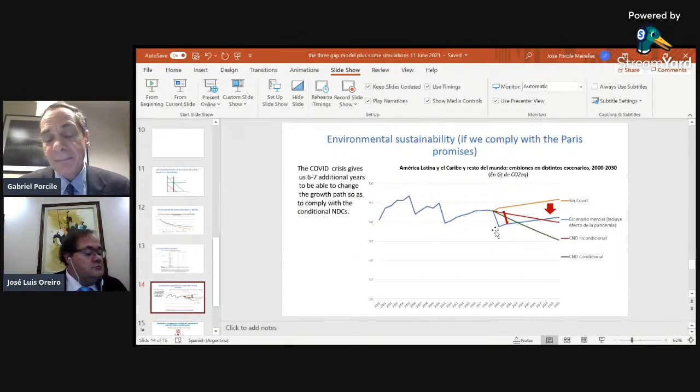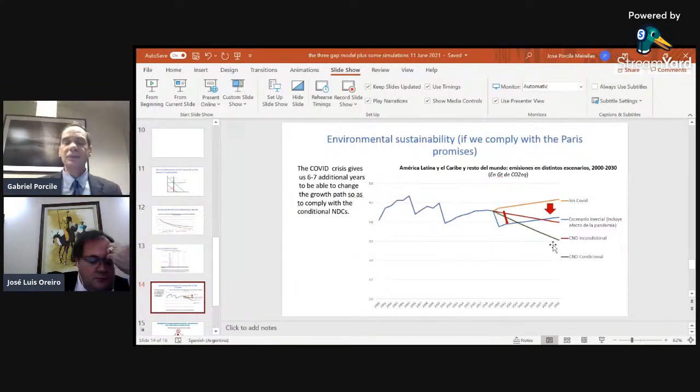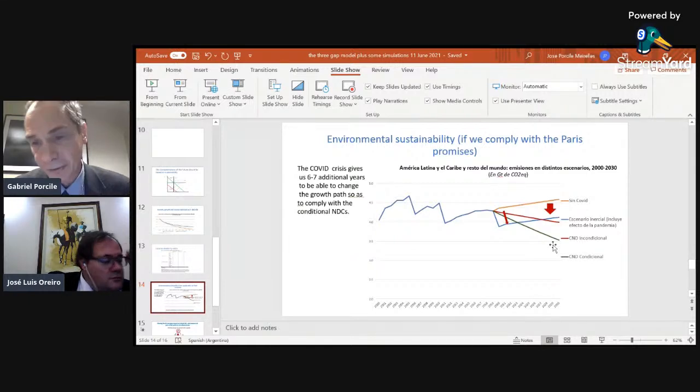But the promise we made in Paris is the green line in terms of emissions, and you can see that the COVID crisis gives us a few years in order to make the changes necessary to change the trajectory of emissions.